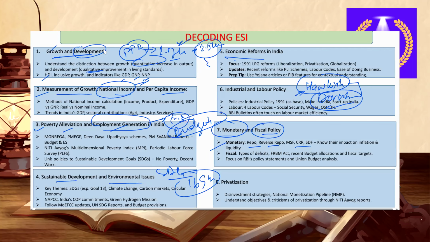You have seen, 2 days before, 1 week before only, the MPC meet was there. And in that MPC meet, we have seen that RBI had reduced the interest rate from 6.25% to what? 6%. Yes. And before this MPC meet, the meet was there in the month of Feb.